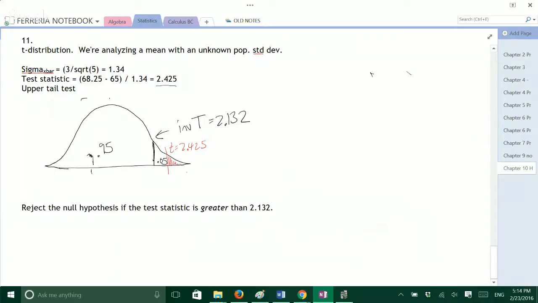Our p-value is going to be less than 0.05, so we should reject our null hypothesis. The correct conclusion would be we reject the null hypothesis since 2.425 is greater than 2.132.